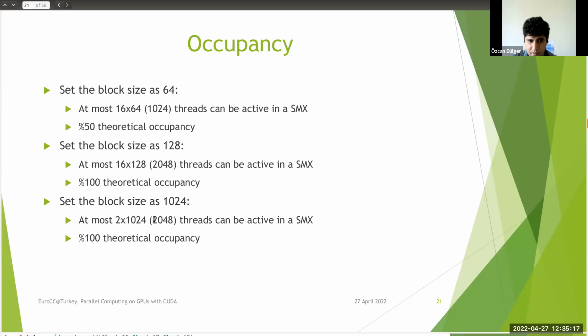However, we reach the maximum limit of thread capacity in an SMX, so we achieve 100% theoretical occupancy again. So occupancy is related to the total number of threads that can be active in an SMX.